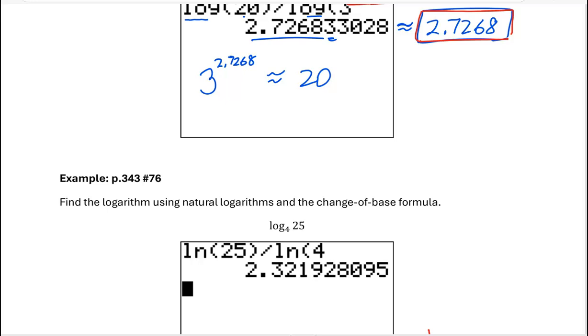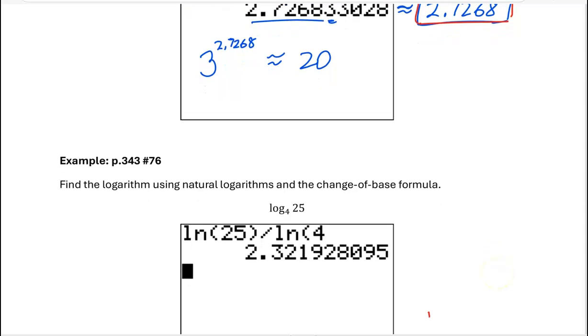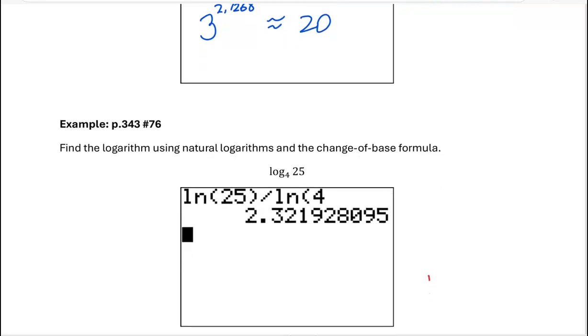Okay, so now on to number 76. It's basically the same type of problem, but notice now it says using natural logarithms in the change of base formula. So I'm going to use the natural log, as you see I typed in here on the calculator.